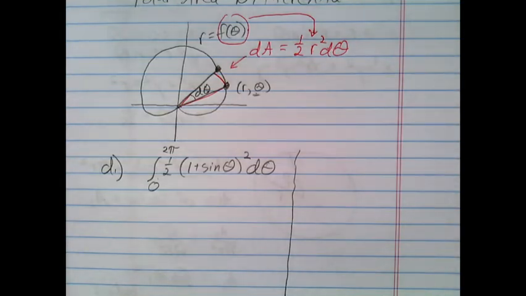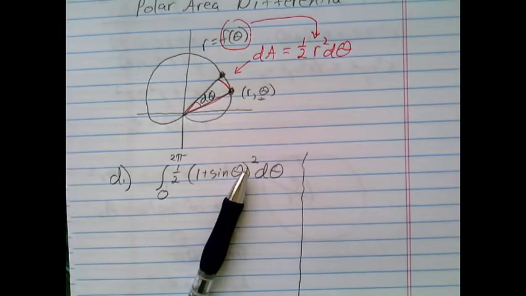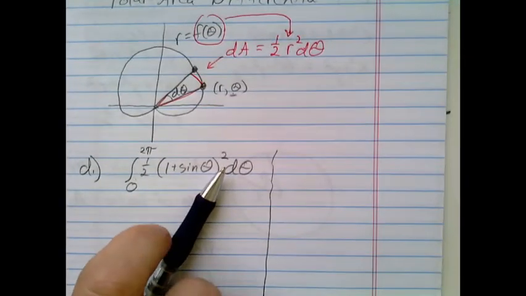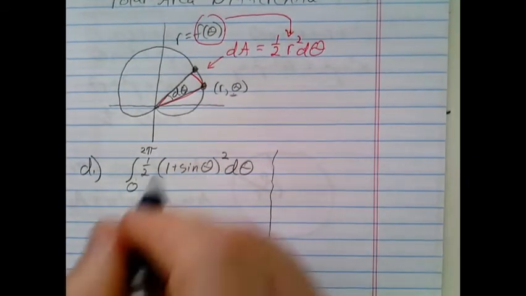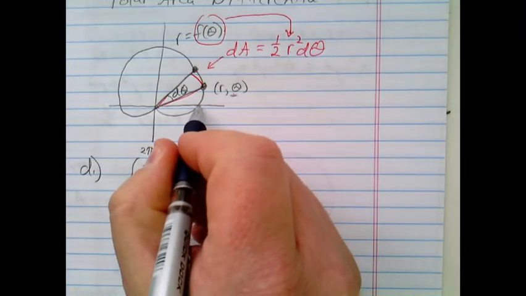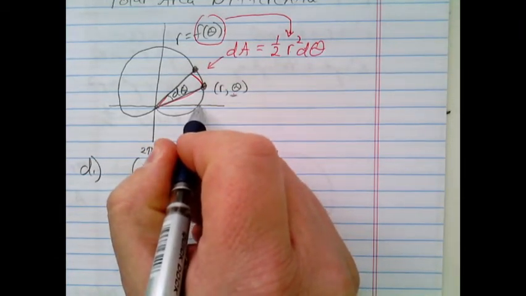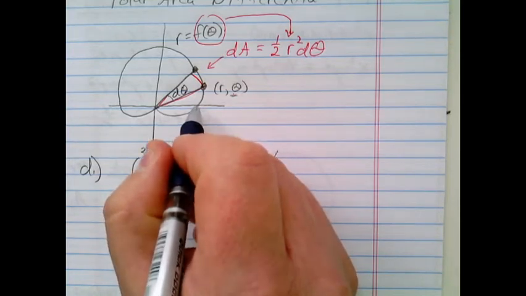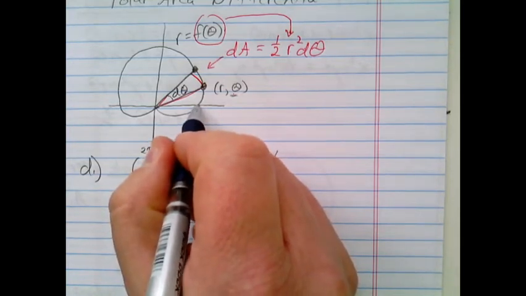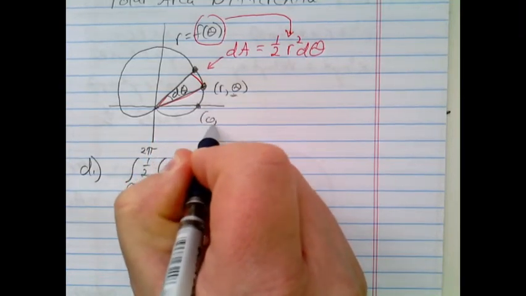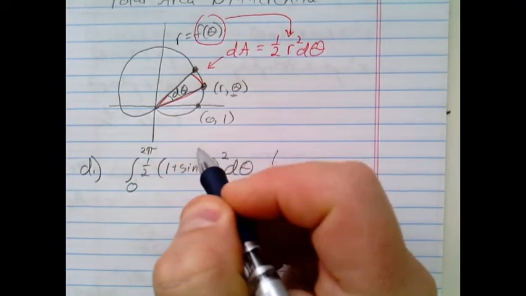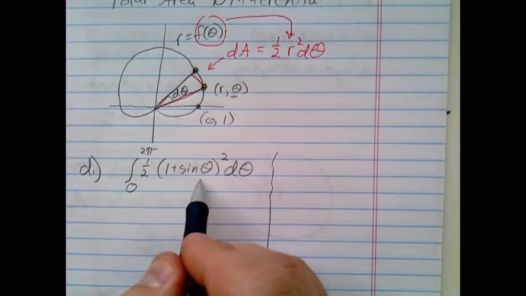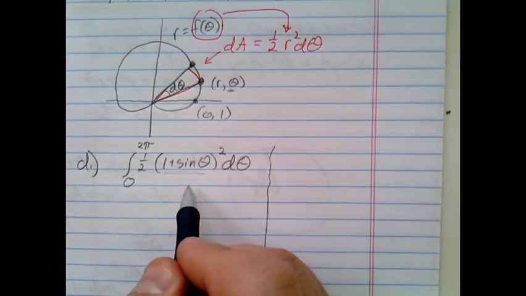Actually, I'm going to modify what I just said a little bit, because a moment ago we noted that when theta equals 0, which corresponds to being on the positive x-axis or the polar axis, we're at the point 1 comma 0. If I plug theta into sine, I get 0, but our function is 1 plus sine theta.